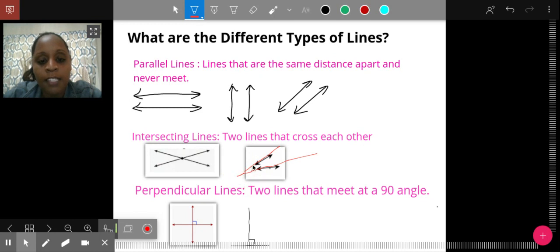If I extended it, both lines will eventually intersect. As you can see that they intersect.